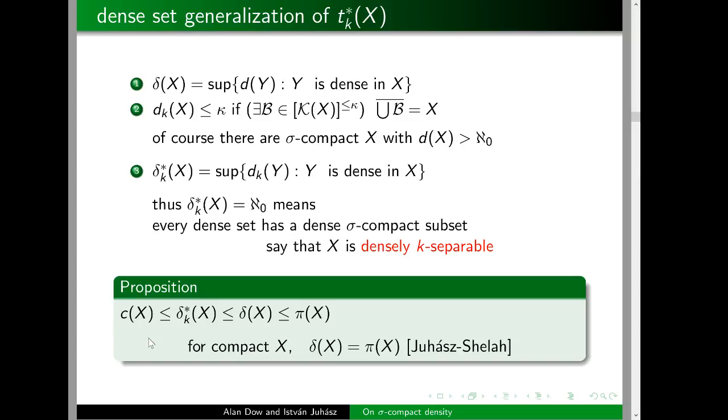Clearly, delta k star is less than or equal to delta, because if every dense set has a dense subset of whatever cardinality, it's the union of singletons. And this is less than or equal to pi weight of X, because if you have a dense subset of X, its pi weight is inherited, and density is bounded above by pi weight. Those are some easy comparisons of the cardinal invariants.